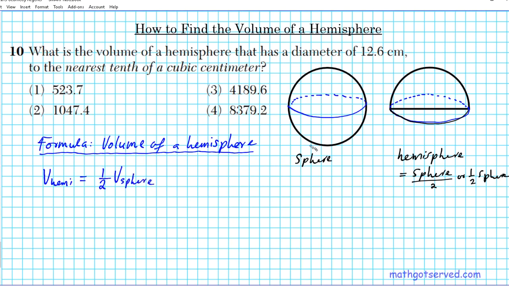So what's the volume of a sphere? The volume of a sphere is 4/3 pi r cubed. So the volume of a hemisphere is going to be half of that. It's going to be half of 4/3 pi r cubed.